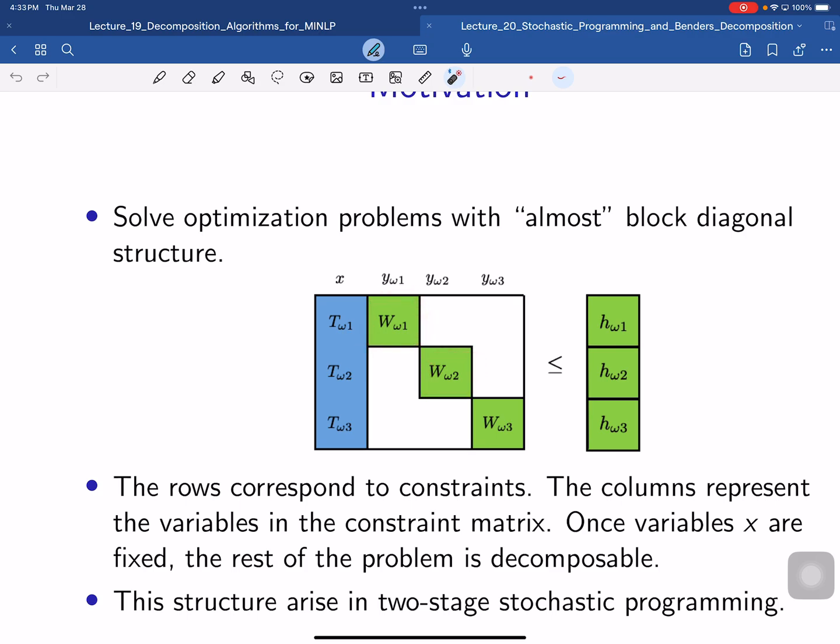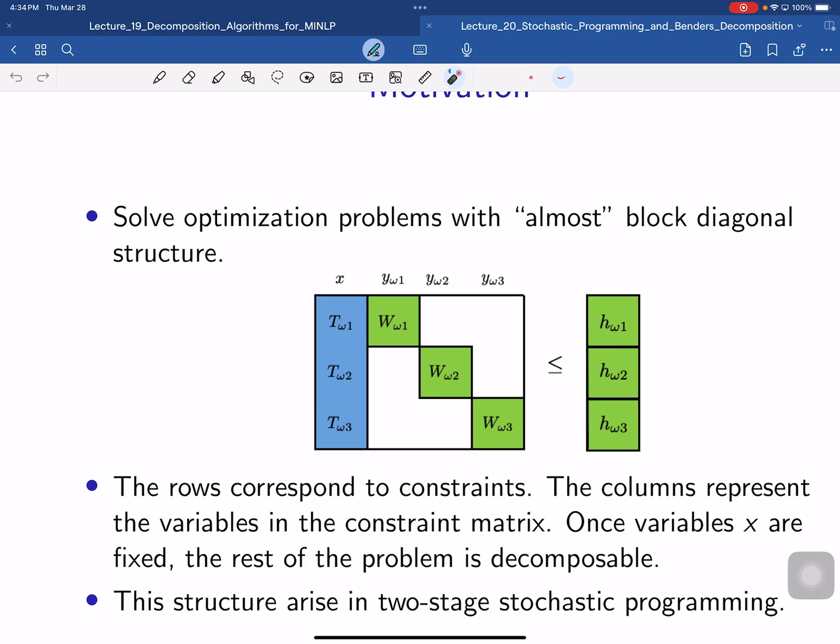Basically, you have W omega 1 times y omega 1 less than or equal to h omega 1, and so forth. So this type of structure occurs in an optimization framework called two-stage stochastic programming. So we will use the application of two-stage stochastic programming to motivate Benders decomposition.